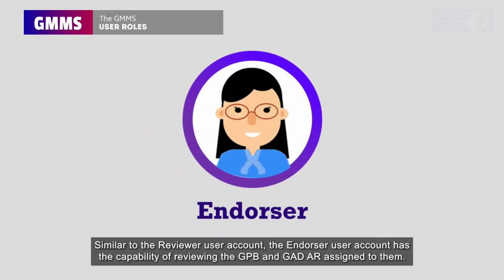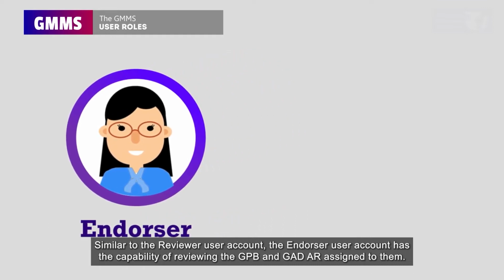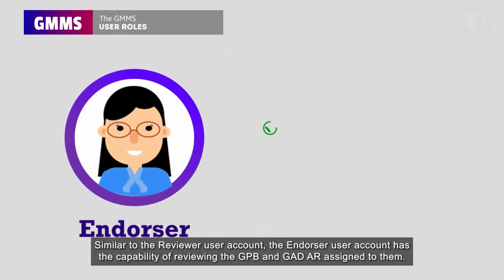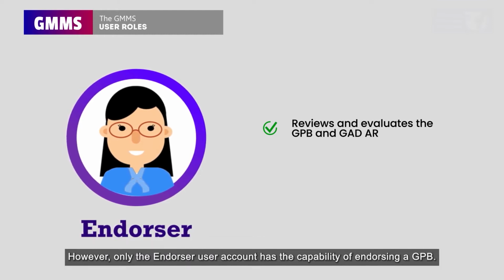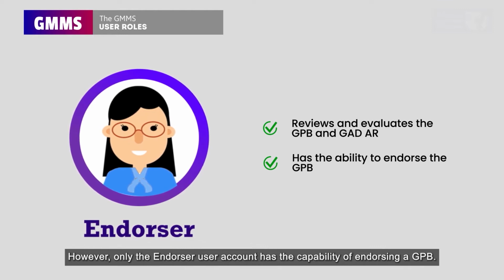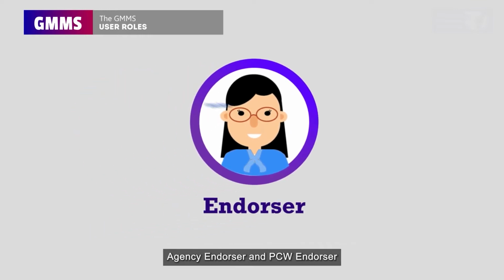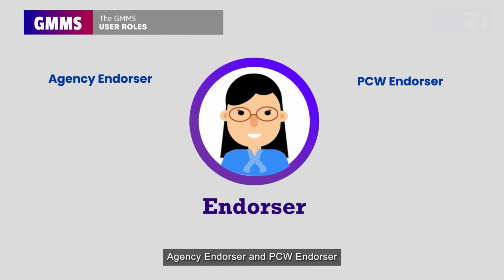Endorser. Similar to the reviewer user account, the endorser user account has the capability of reviewing the GPB and AR assigned to them. However, only the endorser user account has the capability of endorsing a GPB. There are two types of endorser accounts: agency endorser and PCW endorser.